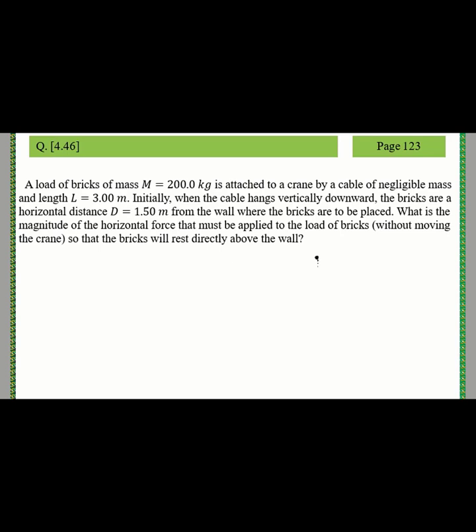Now, the load is vertically hanged, and the wall is here. If we apply a force on the weight in this direction without moving the crane, this load will be on the wall here.